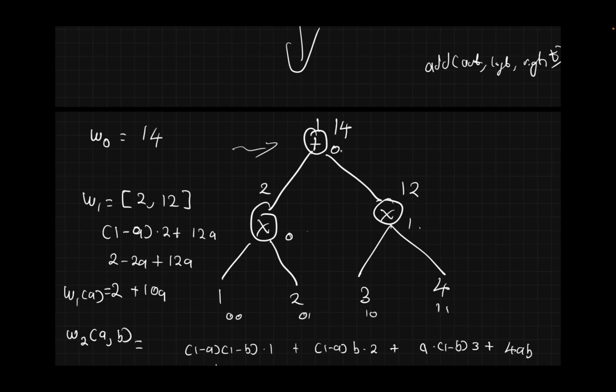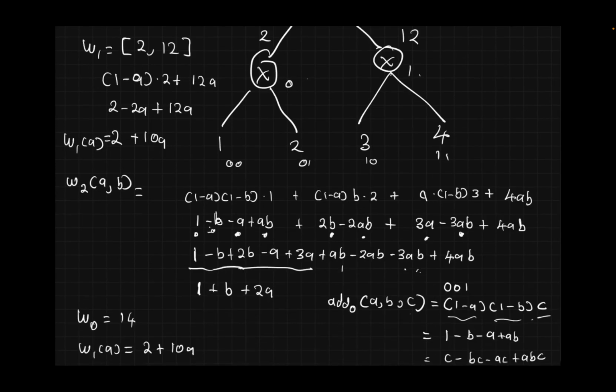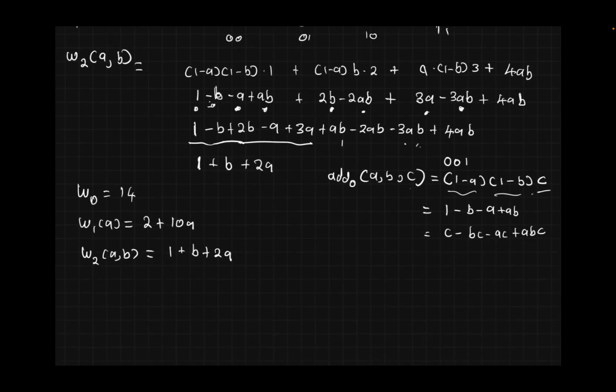Yes. So the only time this will evaluate to 1 is when the output is 0, left is 0, and right is 1. Makes sense? So if it's 0, 0, 1, then to check that A is 0, you do 1 minus A. To check that B is 0, you do 1 minus B. And to check that C is 1, you do C. That's check 0, check 1.